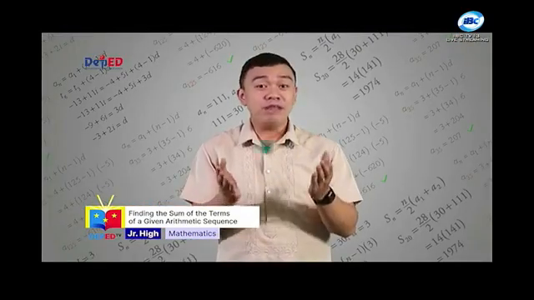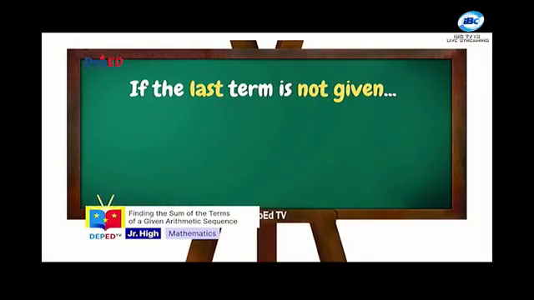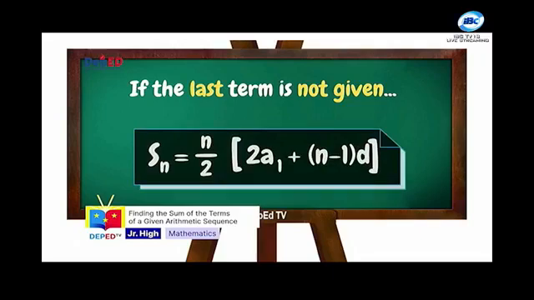What about if the last term is not given? What formula can we use? If the last term is not given, we use the formula s sub n is equal to n divided by 2 times the quantity 2 times a sub 1 plus n minus 1 times d.